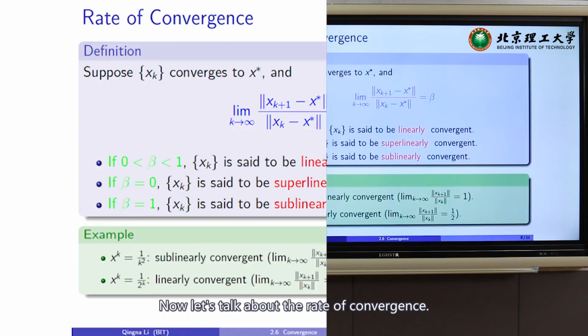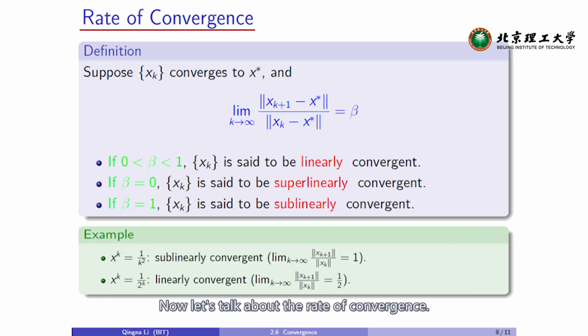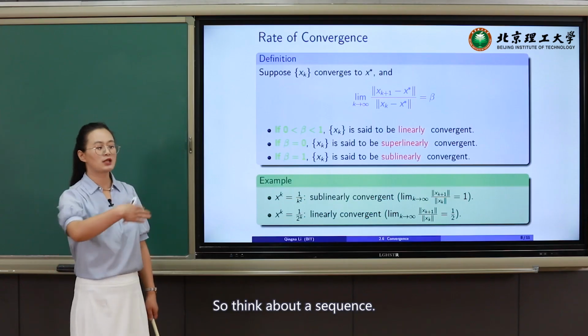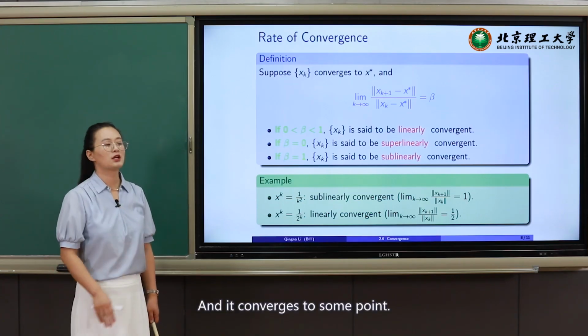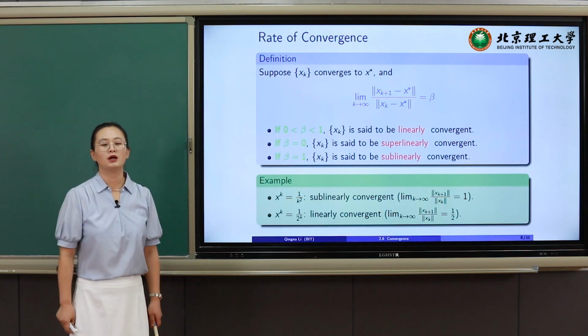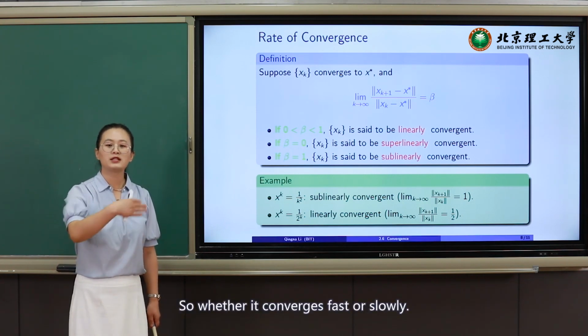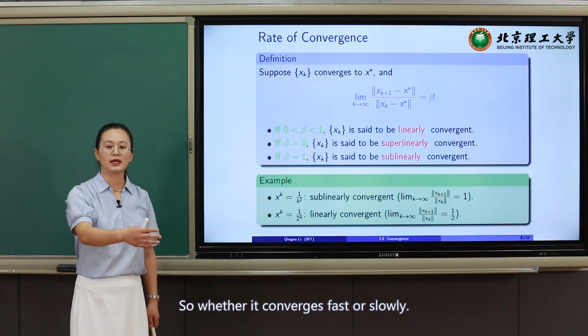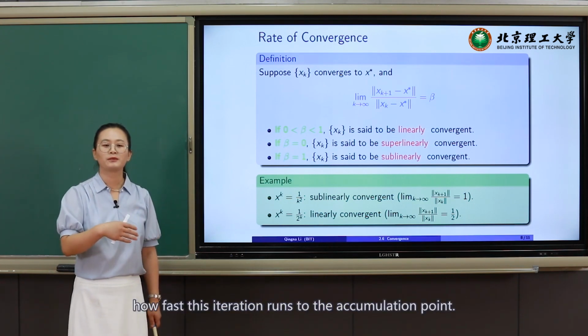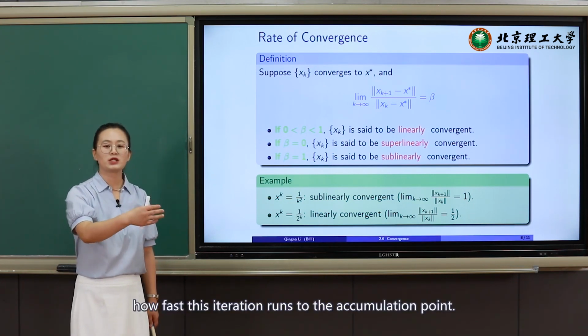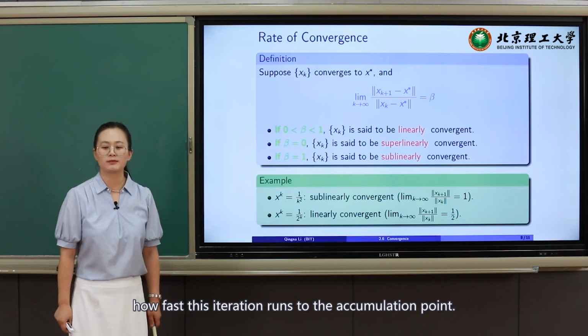Now, let's talk about the rate of convergence. Think about a sequence that converges to some point. Whether it converges fast or slowly depends on how fast the iteration runs to the accumulation point.